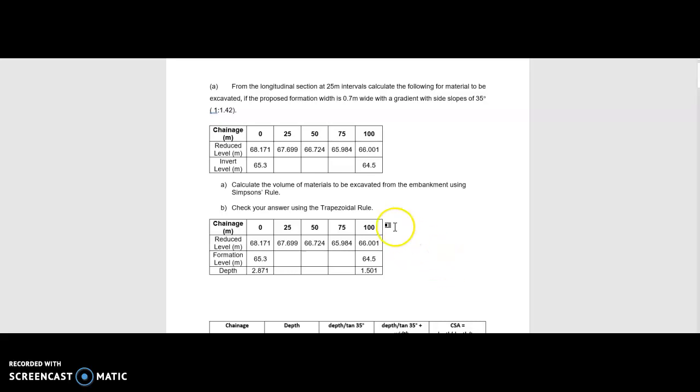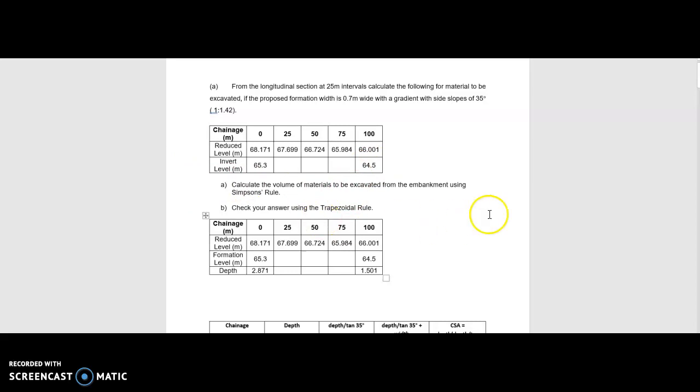So what you'll do is populate this table with your reduced levels and your invert levels. I'm just going to use the first and last here as examples for you, and I've just shown you how we work out the rest.